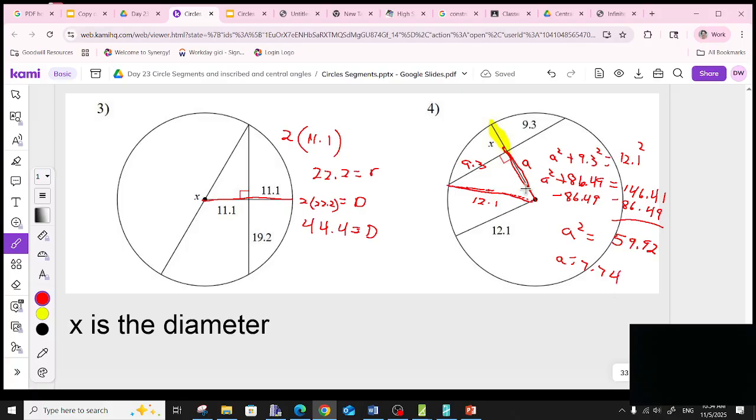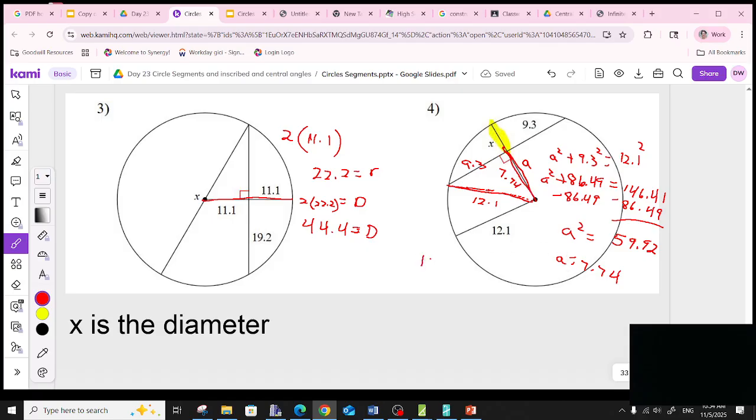Is that our answer, by the way? No. What A represents is this part of the radius. But they want the other part, the part that's not making this triangle that I have highlighted. How would I find this missing piece?